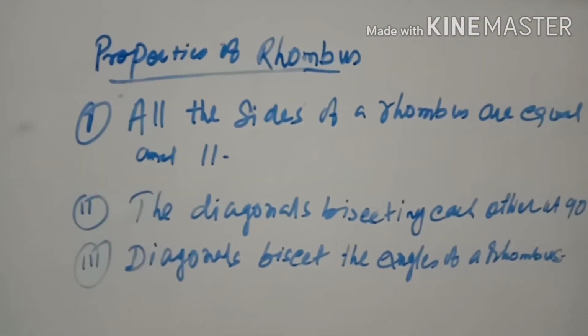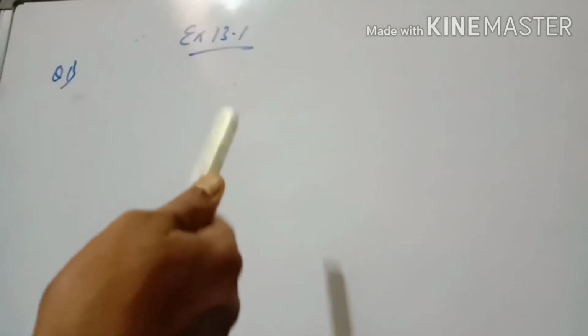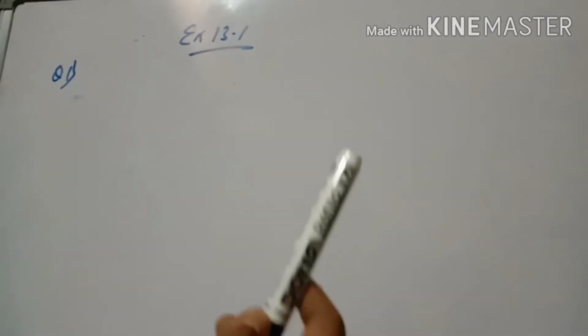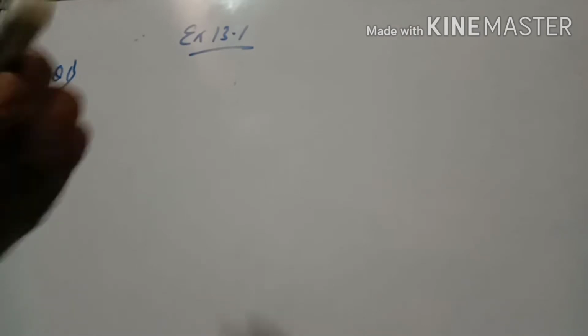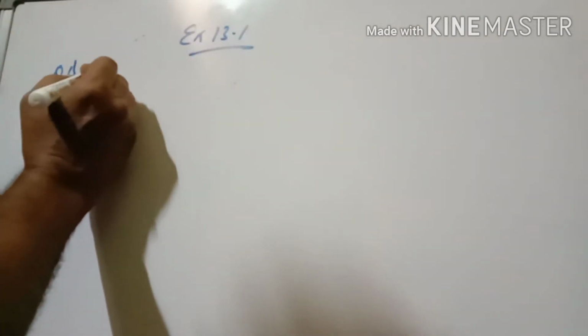Please note down. Solving question number 1. If two angles of a quadrilateral are 40 degrees and 110 degrees and the other two angles are in the ratio 3:4, find the angles. So first of all, write down the solution.